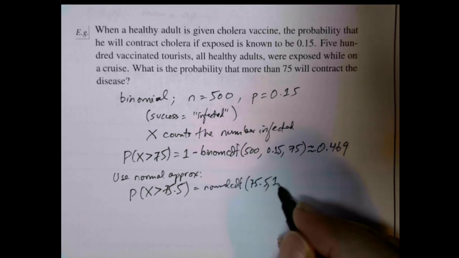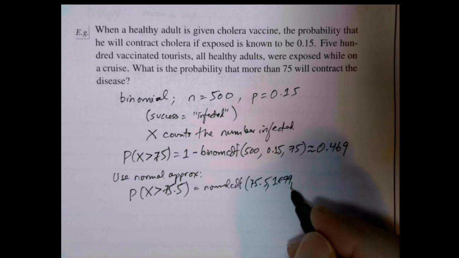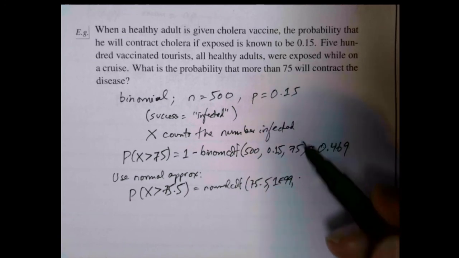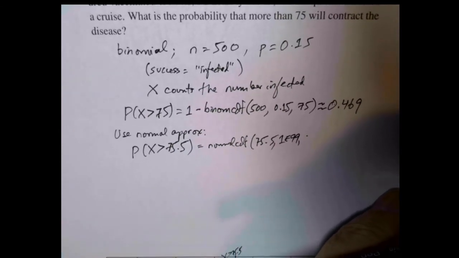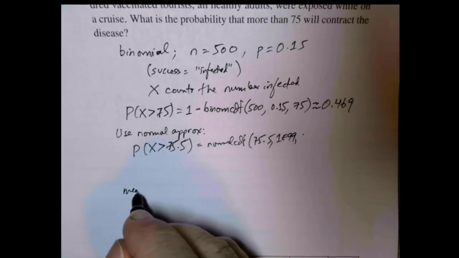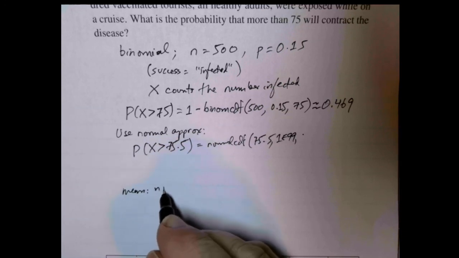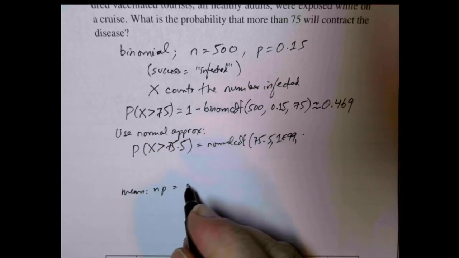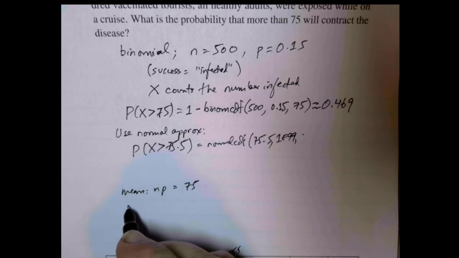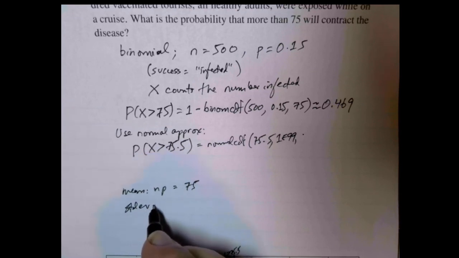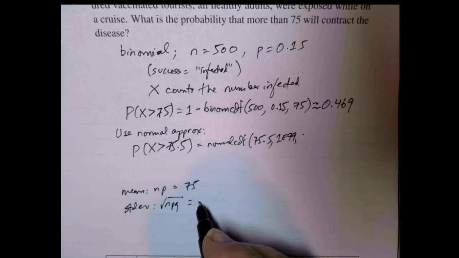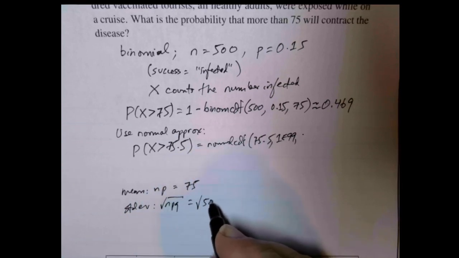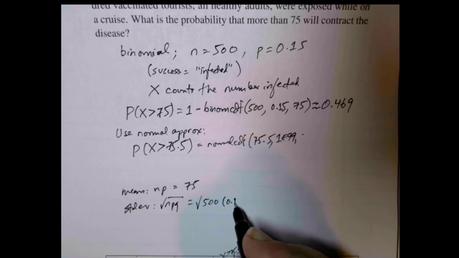75.5 to the TI calculator infinity with mean, well, what are the mean and standard deviation? Oh, let's go over here and figure them out. So the mean, np, is 500 times 0.15, that's 75. The standard deviation, that would be the square root of npq, and that's the square root of 500 times 0.15 times 1 minus 0.15.